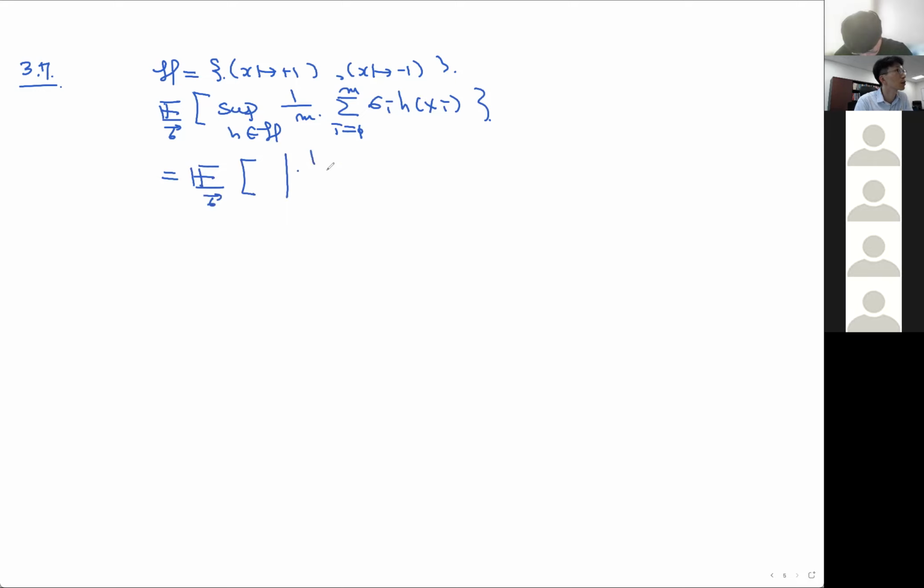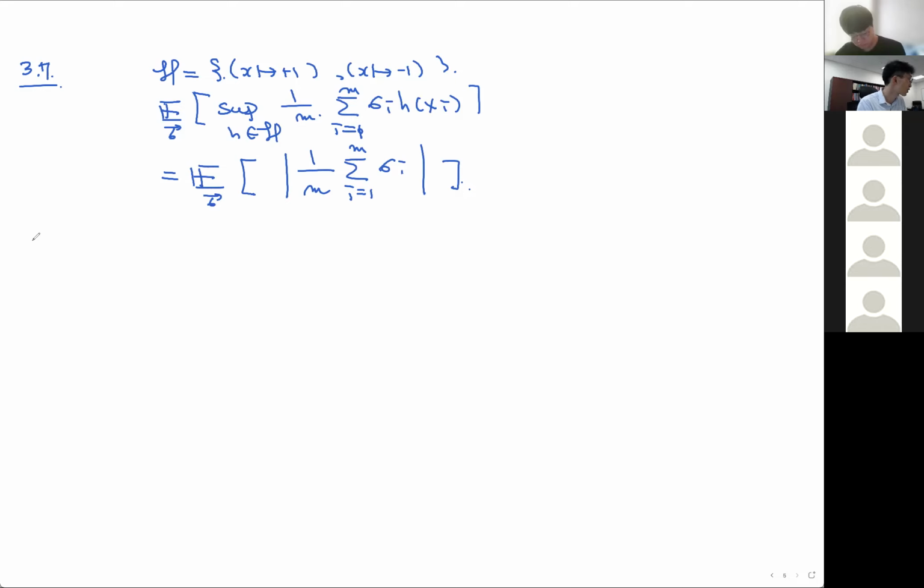So in this case, it becomes like this. And this insight can be used to solve the exercise 3.7 and some other exercises where something similar happens. Okay, so that's one.